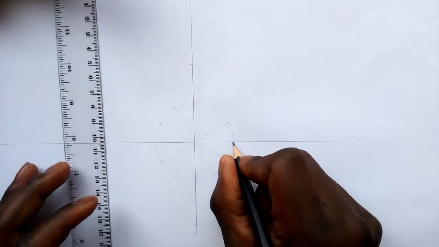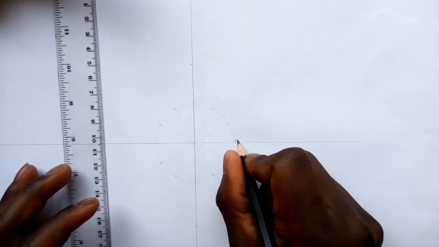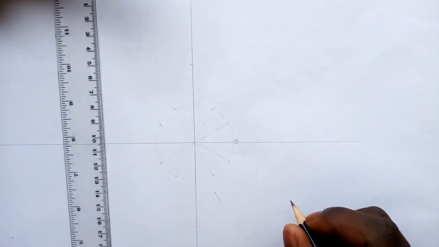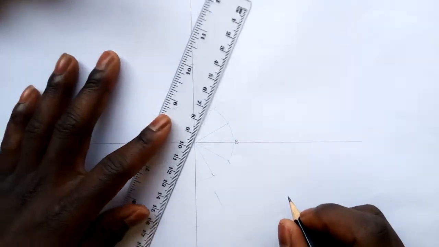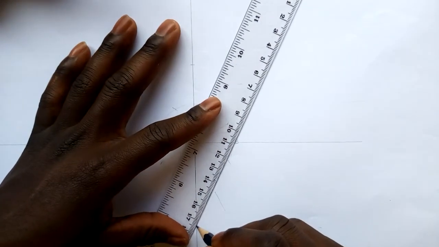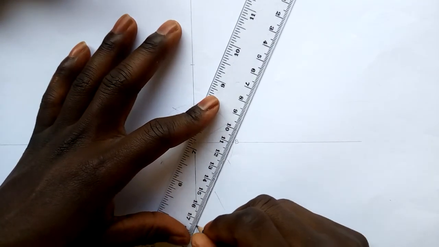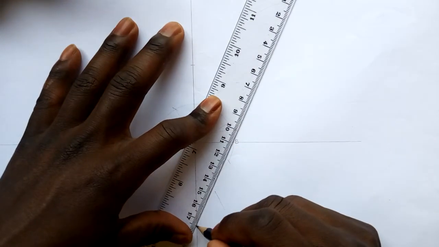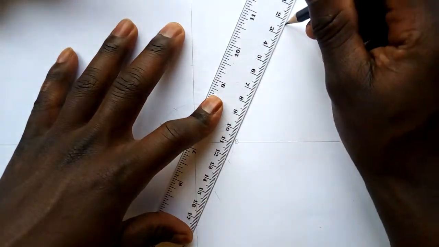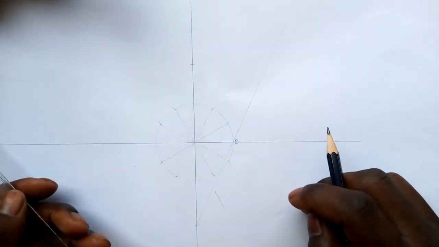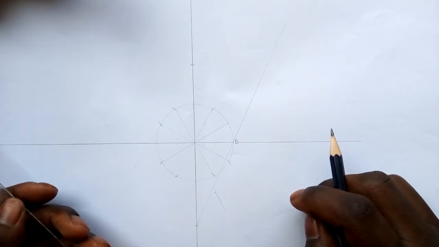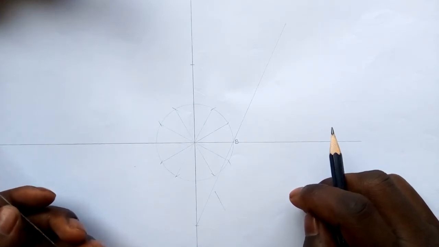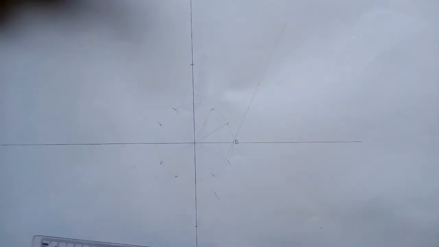Okay, so your first point is at B, so you name this B. That's your first point, and that's where line AC is passing through. Line AC is passing through B. Do it like that. So line AC, we measure line AC to be 102.